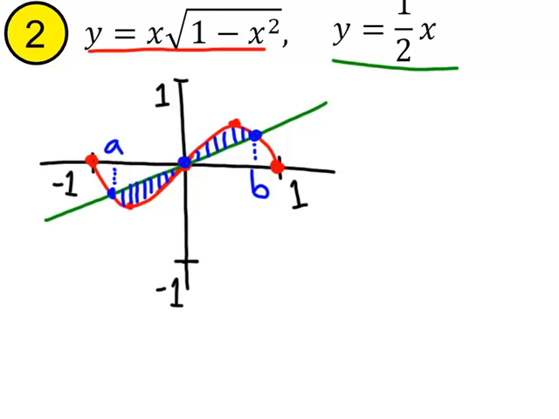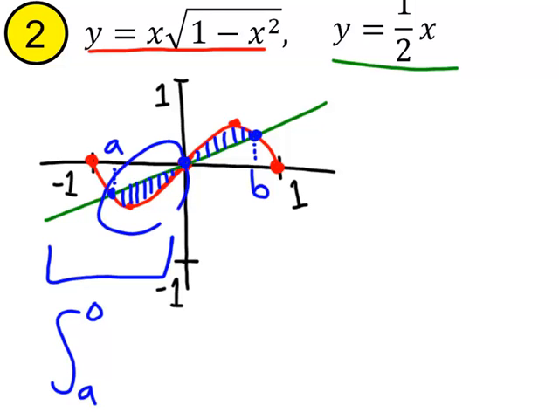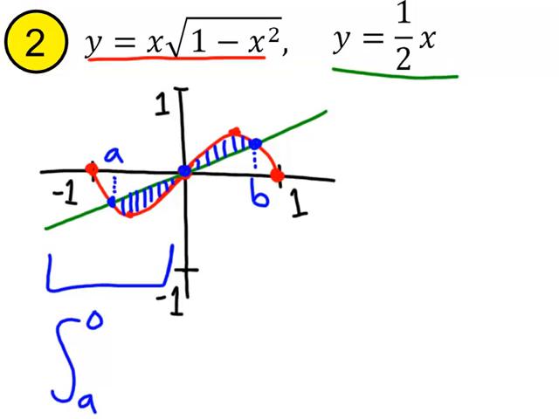Okay, for this region over here, that little intersection, we'll have the integral, and it'll go from A all the way to 0. I'm only trying to capture this part of the area for right now. And over that part of the area, notice that the green curve is above the red curve. So I'm going to list it in the appropriate order: the green curve minus the red curve.